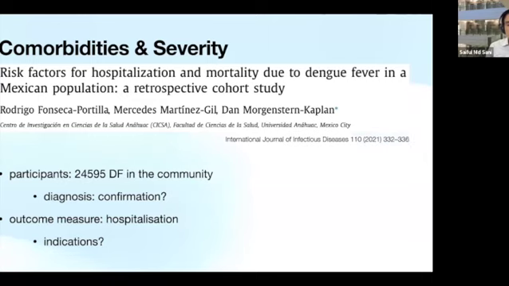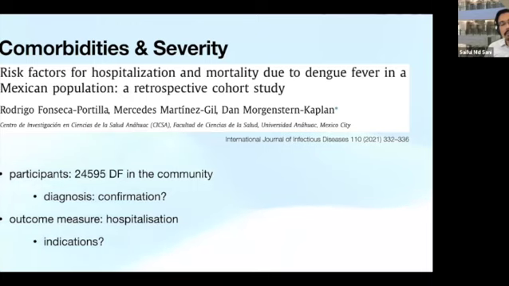For example, a study which confirms dengue by way of PCR and NS1 is a much better study compared to studies that use IgM as a method of confirmation, because IgM has a lot of cross-reactivity.